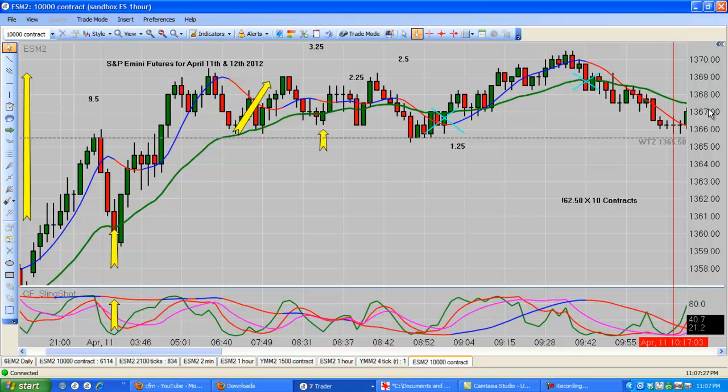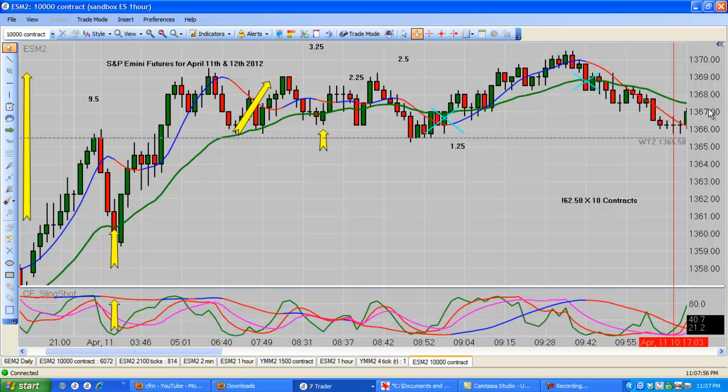8 times 2 equals 16. Remember that number, 16. I'll write it down in case you forget. Because we never risk more than 2 points. And in the S&P 500, rarely do you get any slippage because there's so much volume and it's such a liquid market. I'm not saying you'll never get slipped a tick.